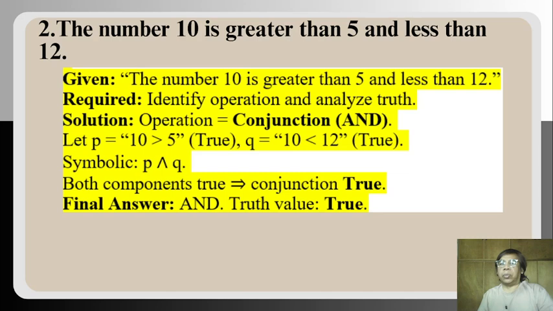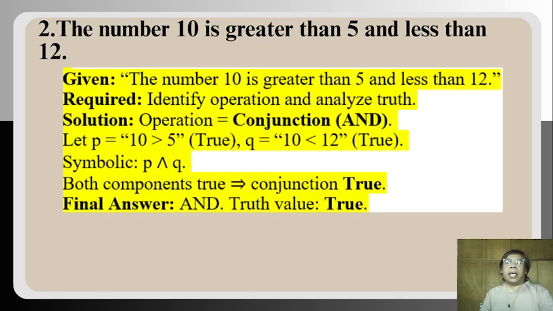Number 2. The number 10 is greater than 5 and less than 12. Given: the number 10 is greater than 5 and less than 12. Required: identify the operation and analyze truth. Our solution: the operation is conjunction, and.